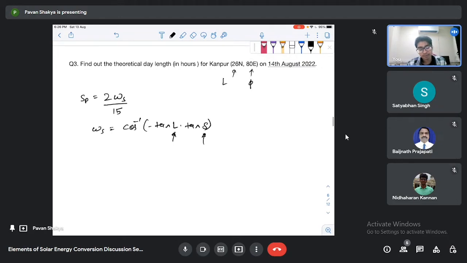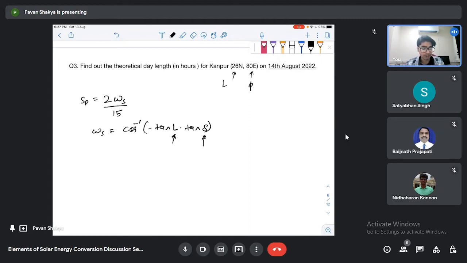In this problem, the declination has not been given directly. That's why we have to calculate this angle by using the day. As we know, the declination angle depends only on the day.